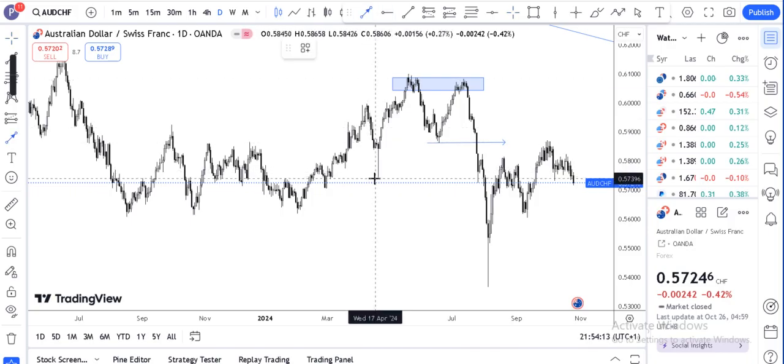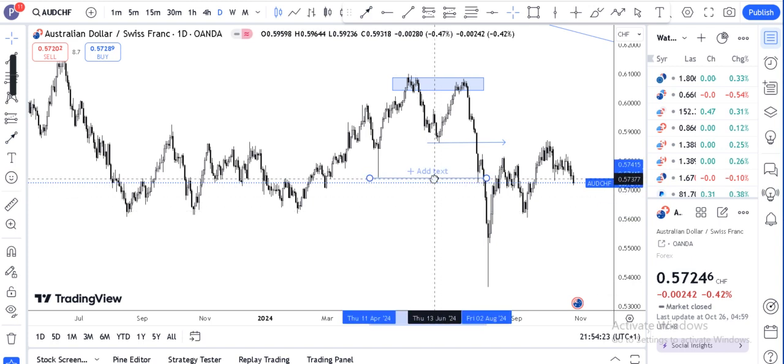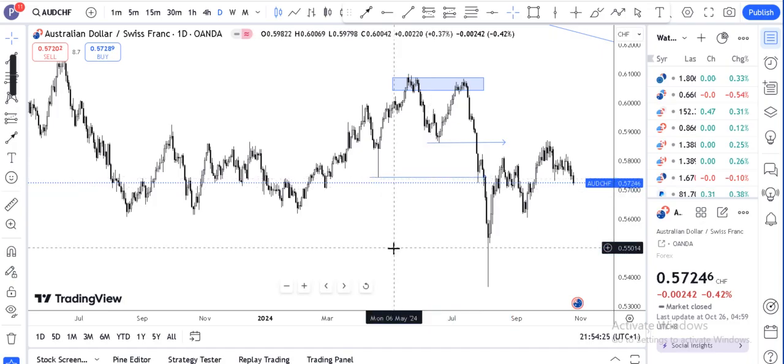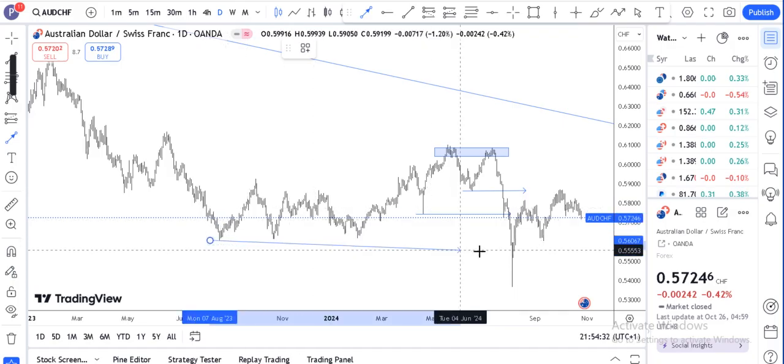But for take profit purpose, I always like to take profit at the first level and then leave the market. Now this is the second take profit. And then this is the overall level, this is the final take profit we should be looking out for.